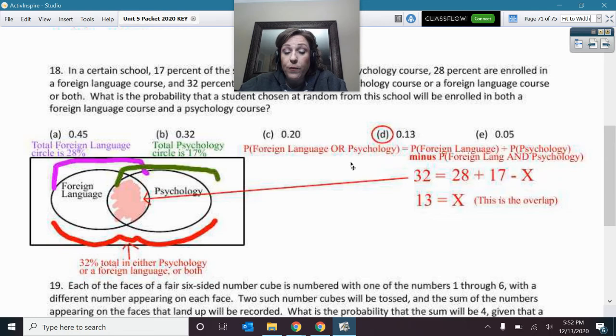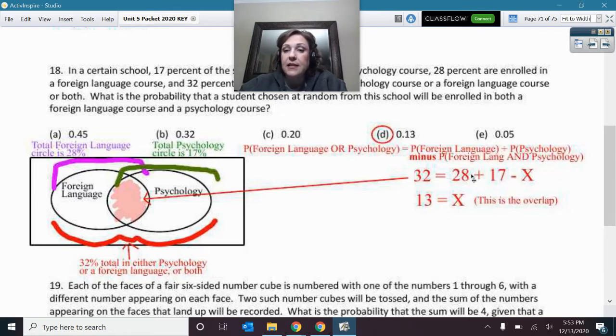When we do our formula, for this or that, it's the probability of the foreign language plus the total probability for psychology minus the overlap. And that's what we are looking for: what is the probability that a student is in both foreign language and psychology? That is the overlap.